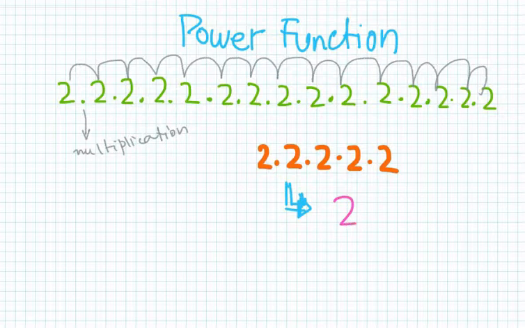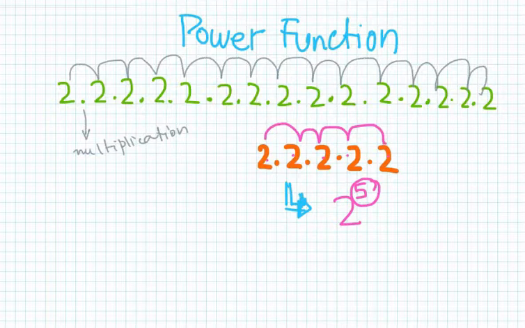2, 1, 2, 3, 4, 5. See how easy it is. You just need to write the base, the common thing, and you write the times, the number of times it is multiplied to each other.